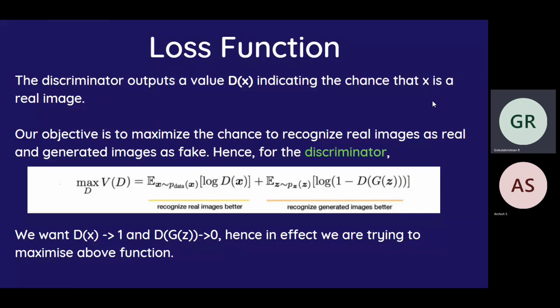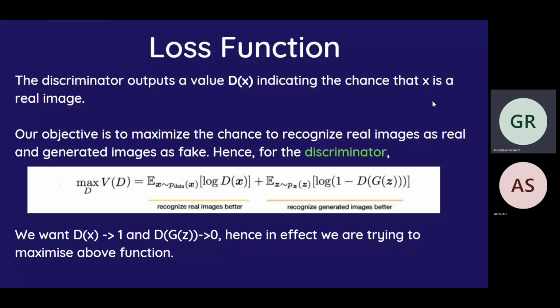Ideally, you want the discriminator to identify real images as real, so because x is a real image, D of x should be 1. If D of x is 0, the log term tends to minus infinity, and if D of x is 1, log of D of x tends to 0. So ideally we should be maximizing the first term.